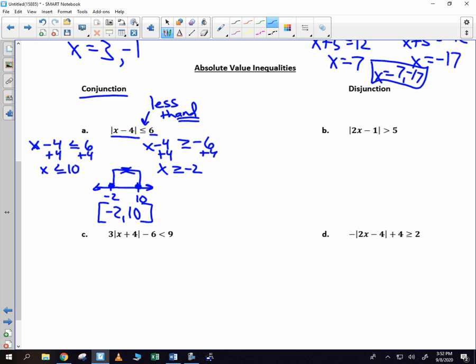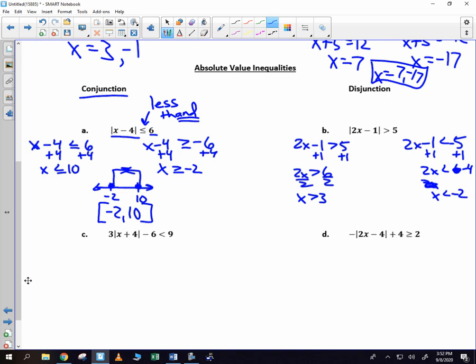That's our solution set. In this case, we have 2x minus 1 is greater than 5, and 2x minus 1 is less than negative 5. So if I add the 1, I get 2x greater than 6, divided by 2, x greater than 3. The next one, we add 1, we get 2x less than... oh, I forgot the negative sign, sorry about that, negative 4. 2x less than negative 4, divide by 2, x is less than negative 2.